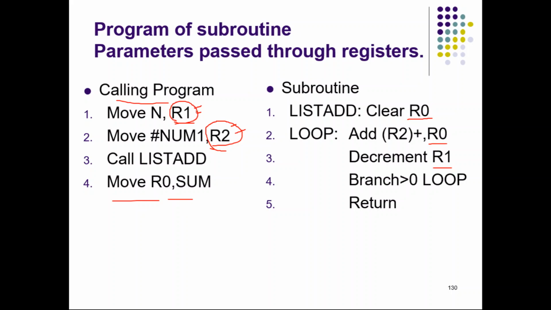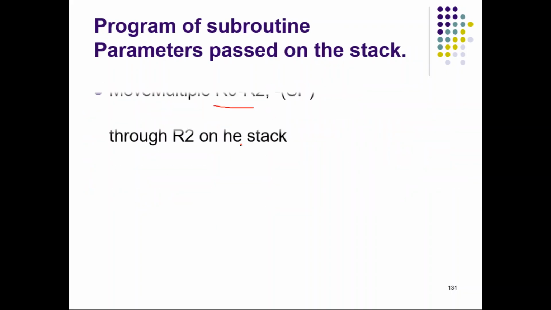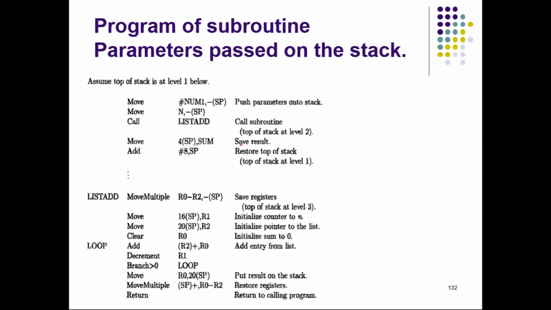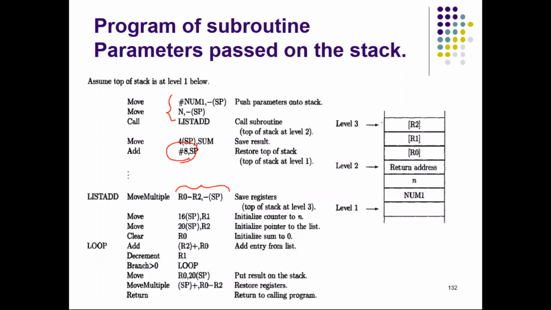We want to pass parameters, but we passed them through registers, with no involvement of the stack. The third case we discussed is when we want to pass some parameters and also some local variables, then the stack comes into the picture. You want to pass a lot of information to the called program, so the stack came into play. This is what we discussed in the last lecture.